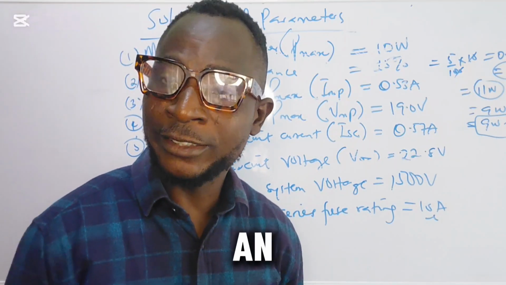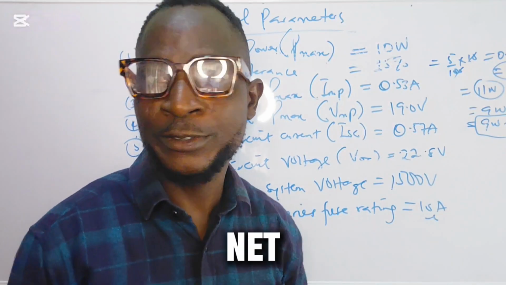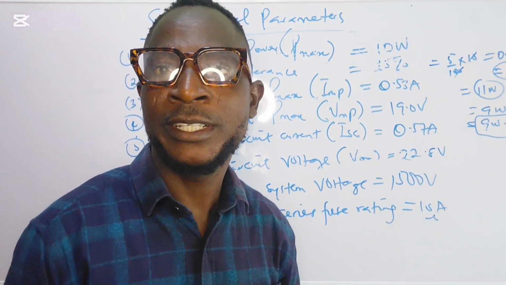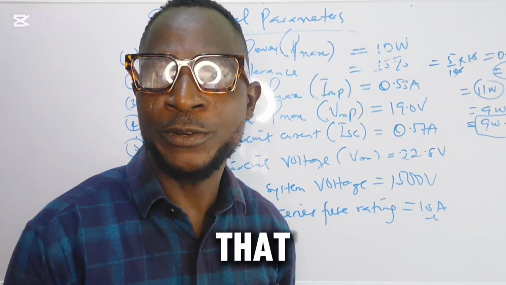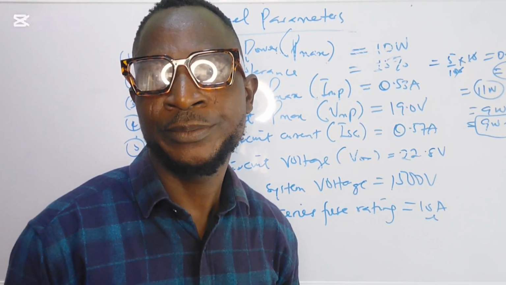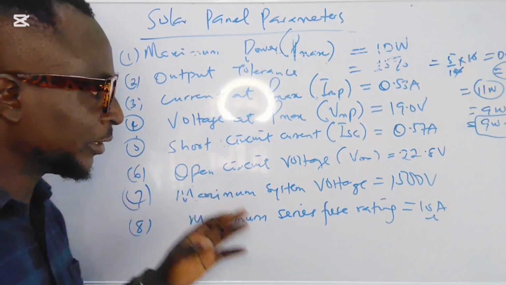But if you are doing an installation where the voltage has to be higher than this, it means you have to bring in some equipment that will take care of the excess voltage. That's just the simple meaning of maximum system voltage.